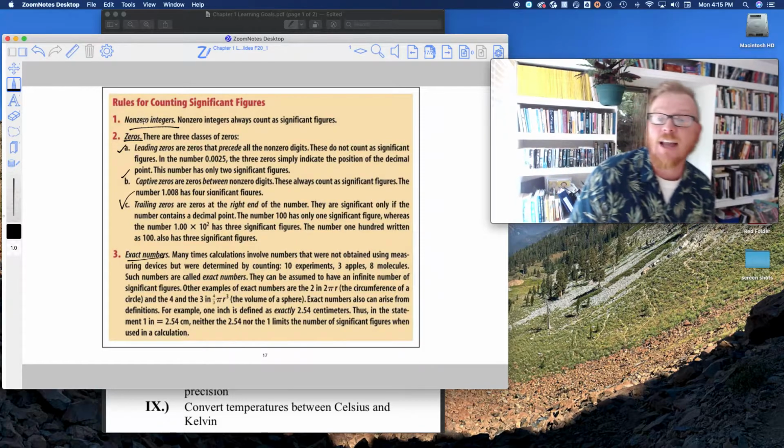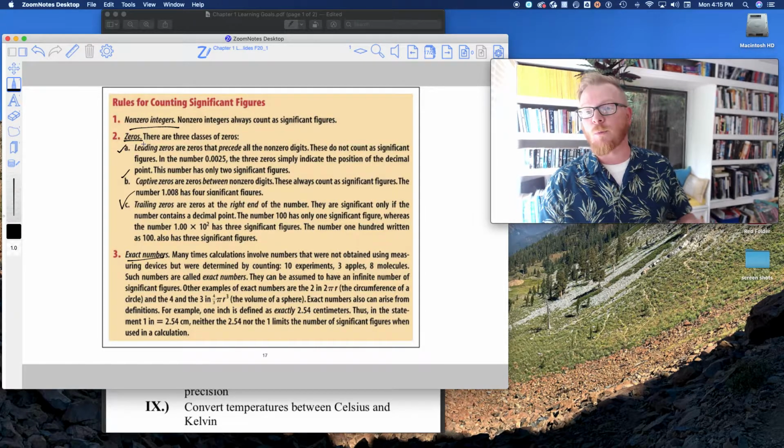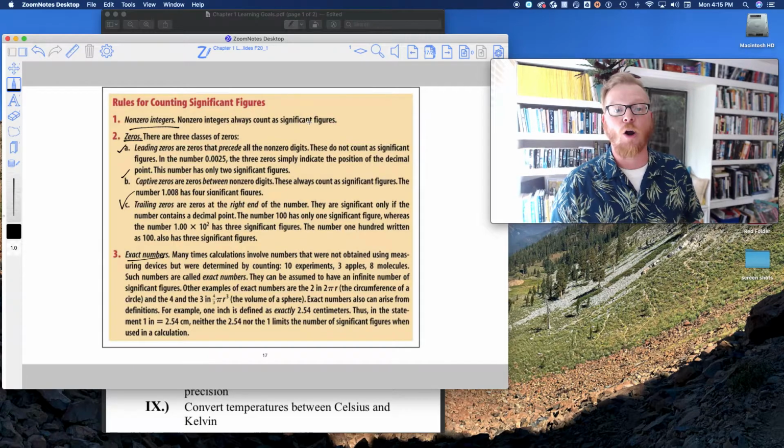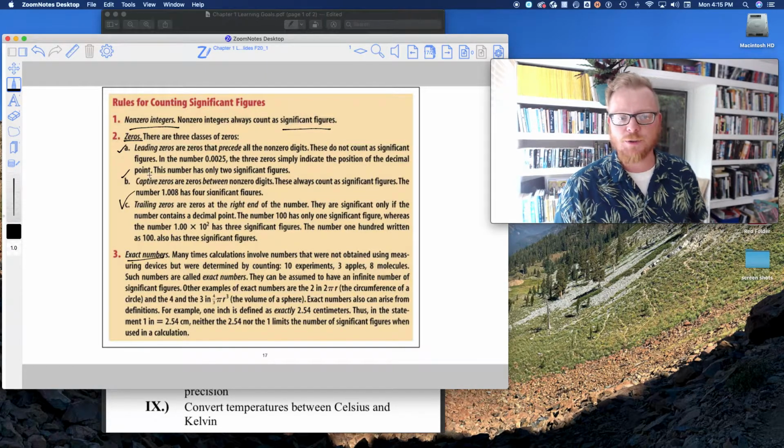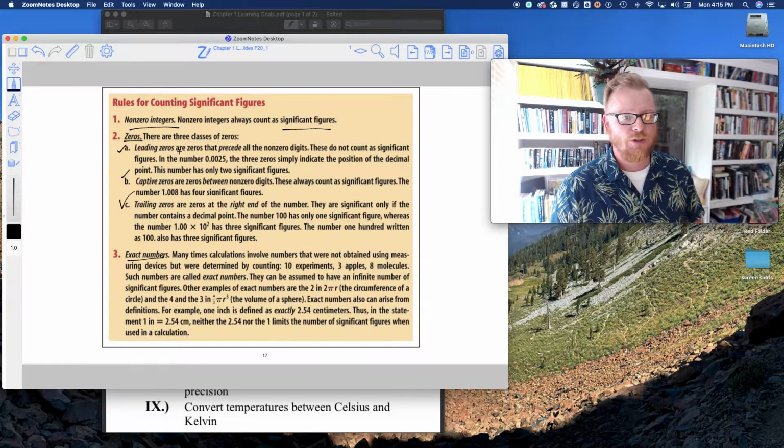Anything that's non-zero, so 1 through 9, 1, 2, 3, 4, 5, 6, 7, 8, 9, is always a significant figure. But zeros, it depends on what they are. A leading 0 does not count as significant.